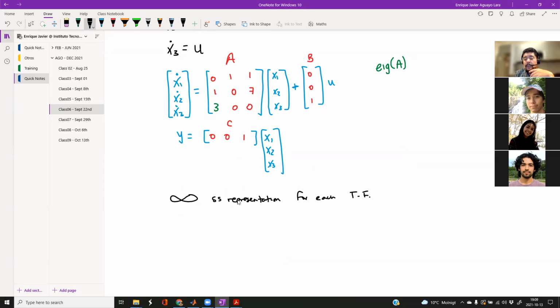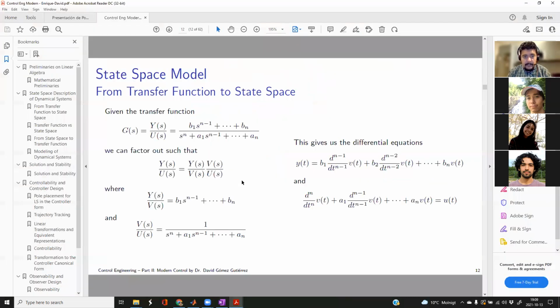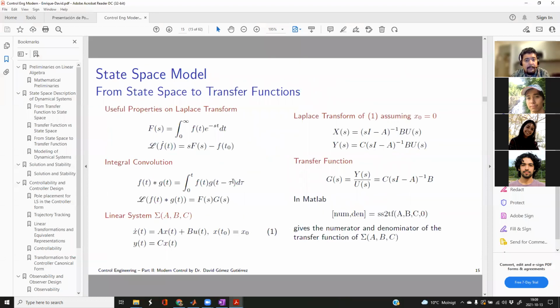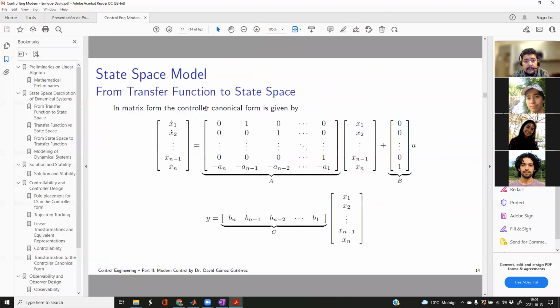Okay, so each transfer function that we have can have an infinite amount of state space representations. Some are more convenient for some specific uses than others, and you will find that in the presentation here, and we call them canonical forms.